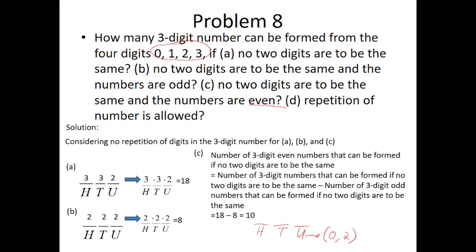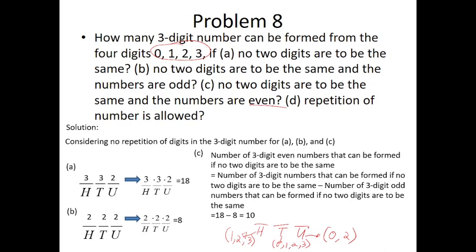This can be 0 or 2, right? Here, this cannot be 0. This can be 1, 2, and 3. Here, any number, 0, 1, 2, and 3, right?